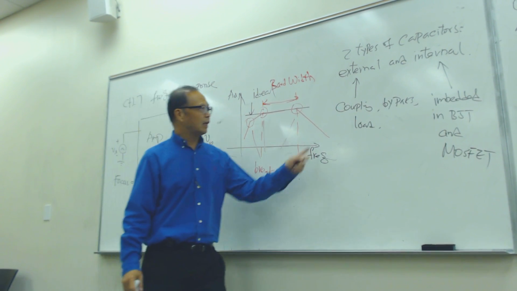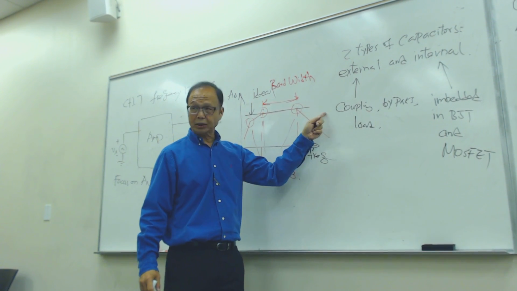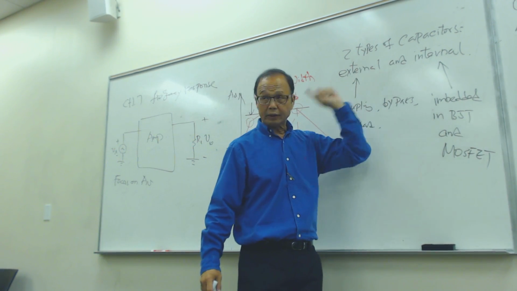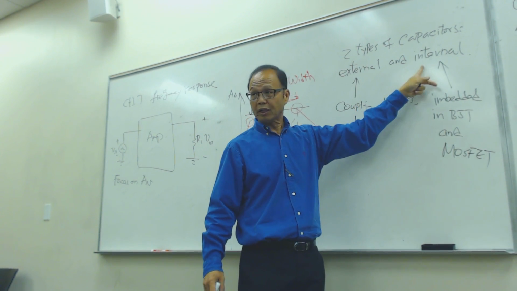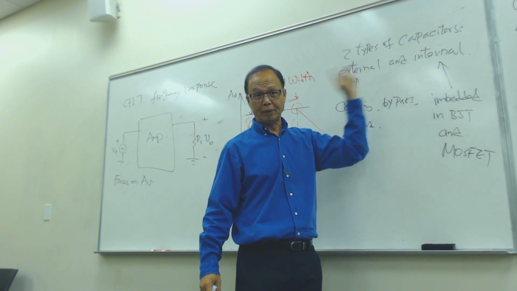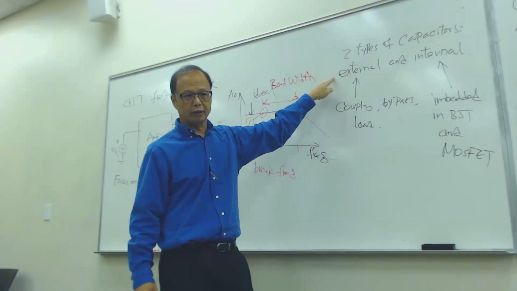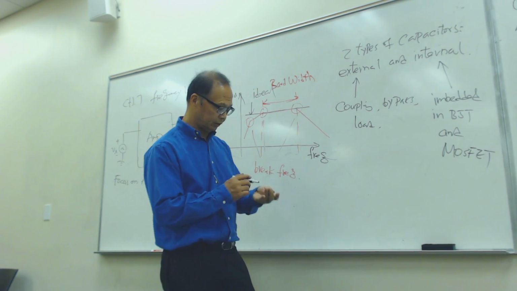Okay, so we're going to focus on the external capacitor first, and then if we have time, we will talk about the effect of the internal capacitor. Okay, I'm not sure we have time, but for sure we can finish the effect of the external capacitor.